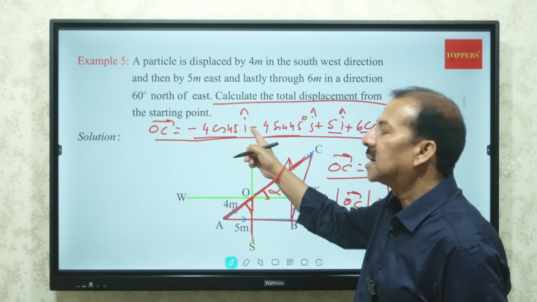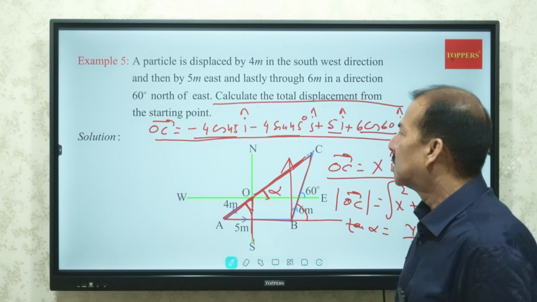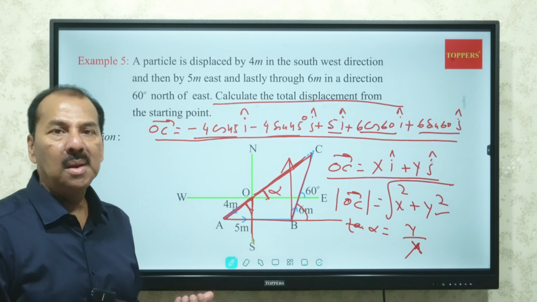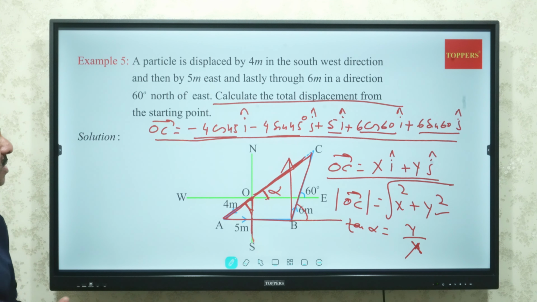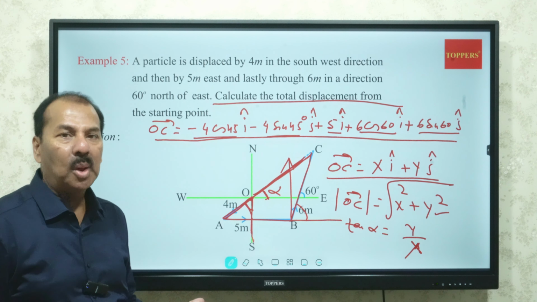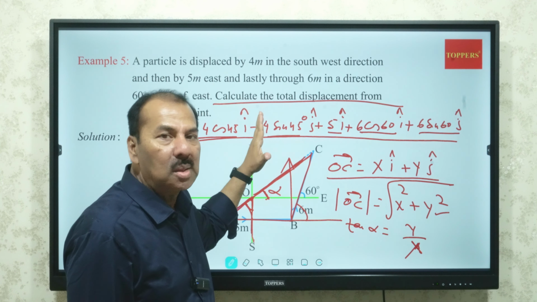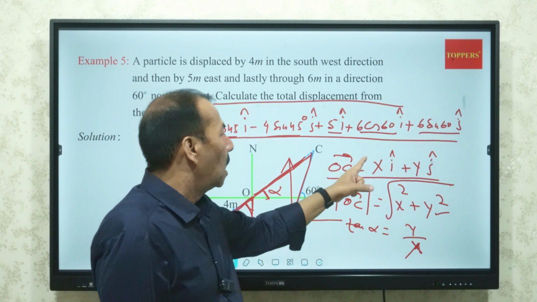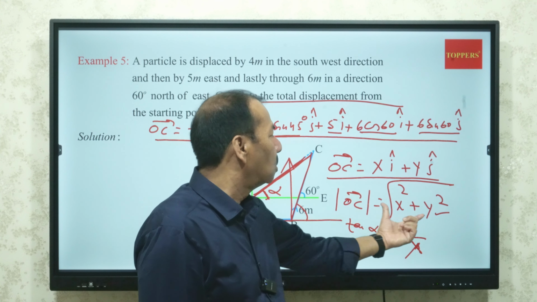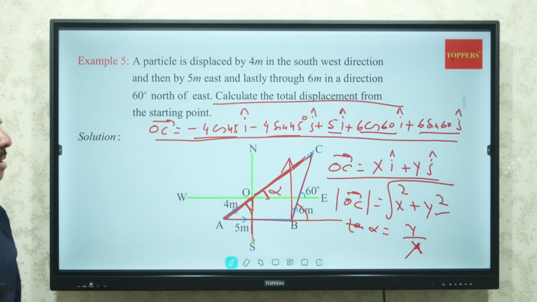This is the position vector of all those forces, displacements, any other vector quantity. If it is 2-dimensional, then in terms of i and j. If it is 3-dimensional, then in terms of i, j as well as k. Once you have calculated this with the proper sign, and how you get the proper sign we have already discussed, simplify and calculate the i component of all the vectors and the j component of all the vectors. The i component is your x, the j component is y. Once you get this, you can calculate the magnitude like this, and the direction you will get like this. I hope this is clear.